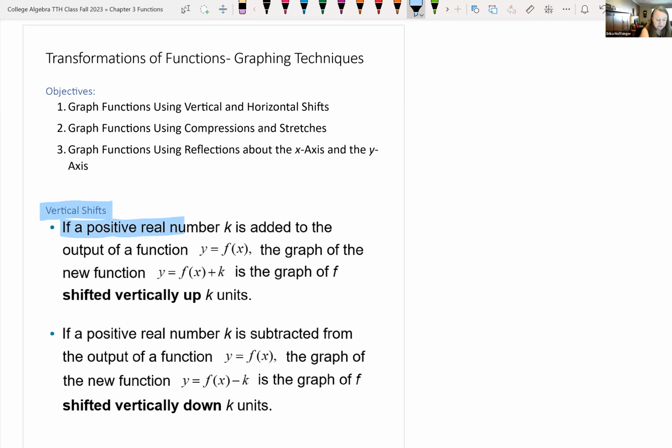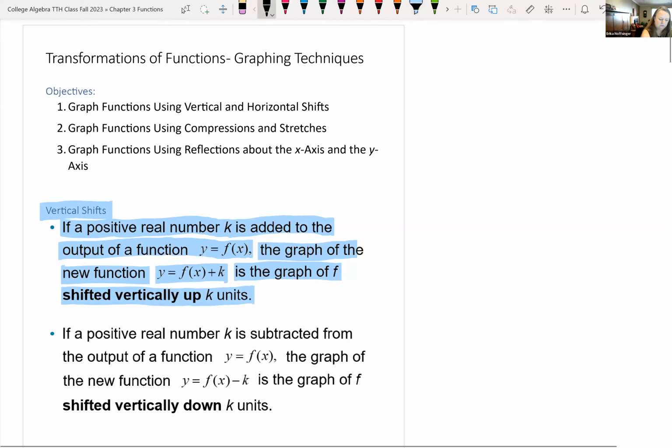If a positive real number k is added to the output of a function y equals f of x, the graph of the new function y equals f of x plus k is the graph of f shifted up vertically k units.